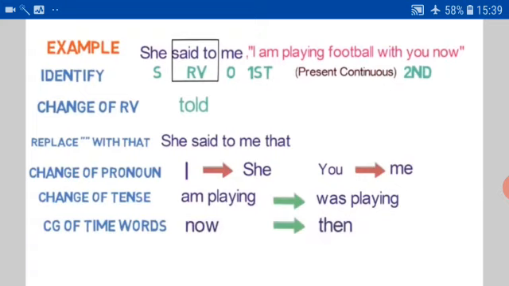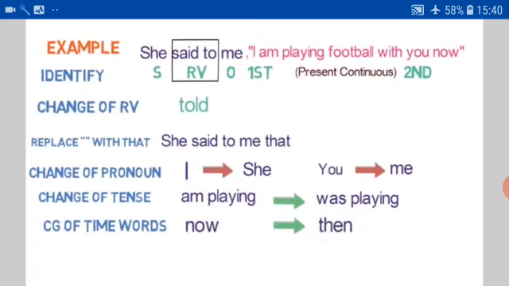So now I is converting into she. And second, you is a second person pronoun, so you will be changed according to the object of the reporting verb, that is me. So you is converting here into me.